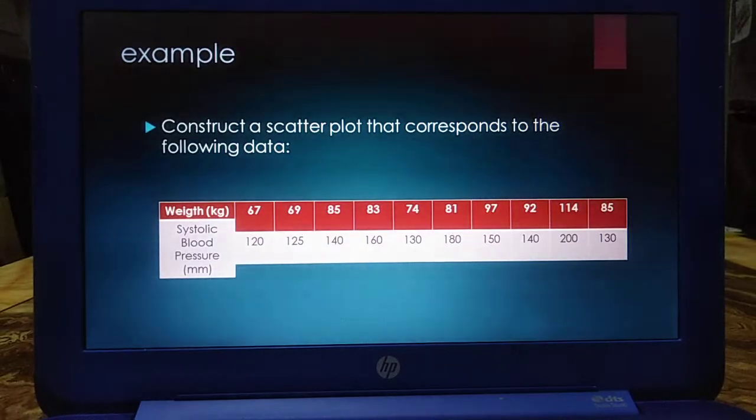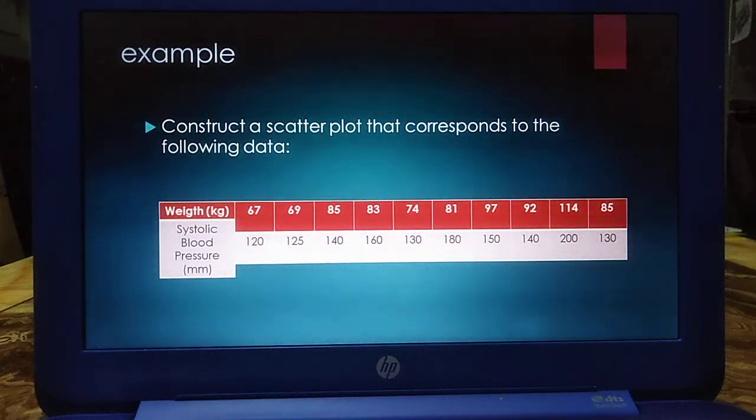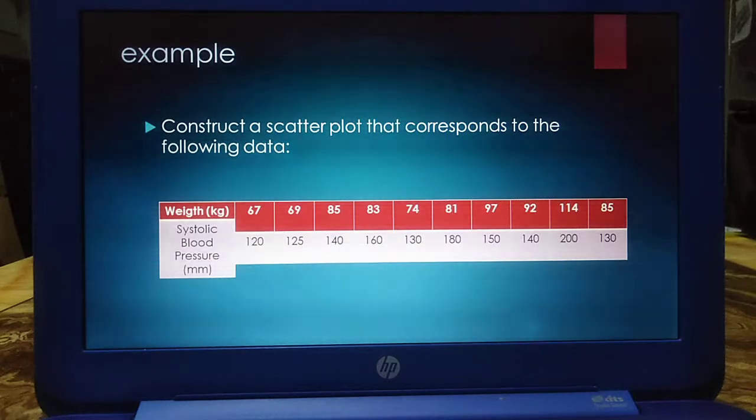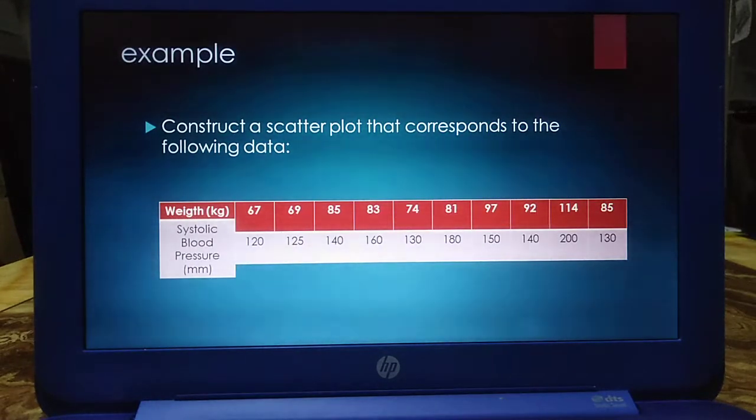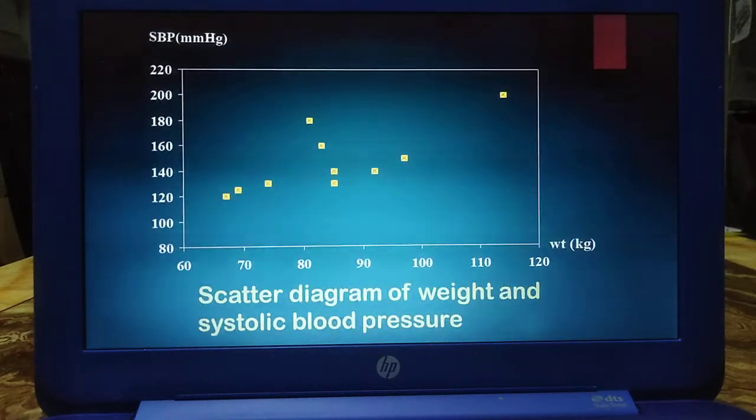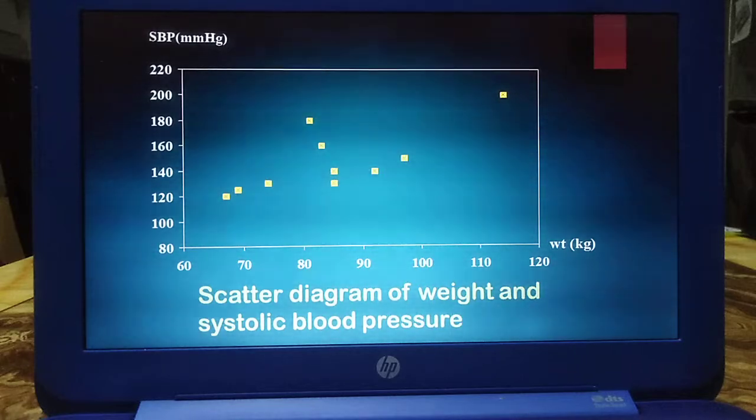Okay, so for our example, let us construct a scatter plot that corresponds to the following data: the weight in kilograms and the systolic blood pressure. If we're going to plot all of them, we're going to notice that if the weight is 67, then the systolic blood pressure is 120. In our scatter plot, the weight is the horizontal axis and the systolic blood pressure is the vertical axis.